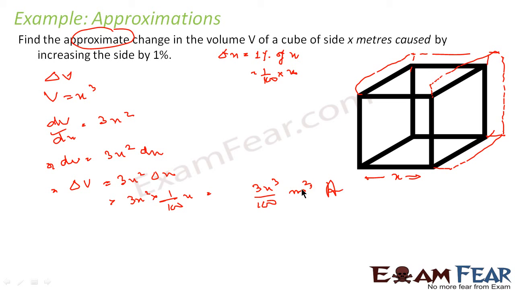This is just dv by dx, and since dv is very small, I say dv is delta v, the same concept we used to derive the formula. Please understand what we have done here. We knew v is equal to x cube, we wanted to find delta v, we differentiated to get dv by dx, dx I know, so I got dv.